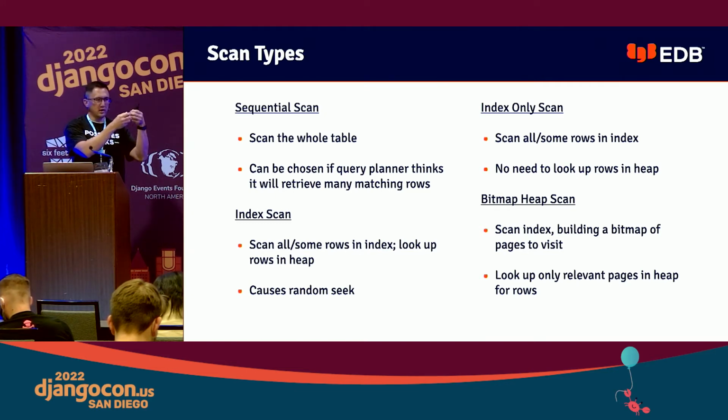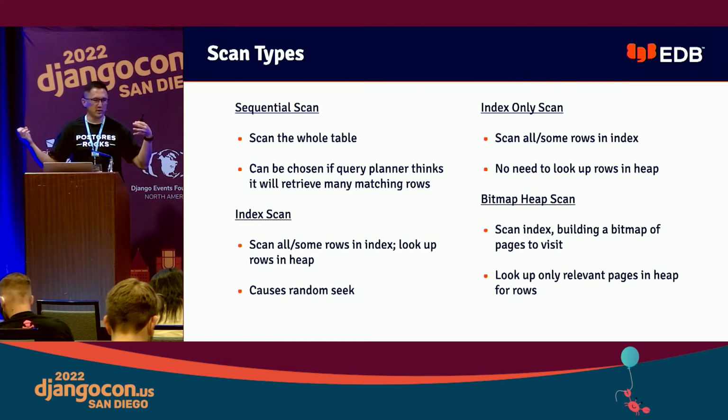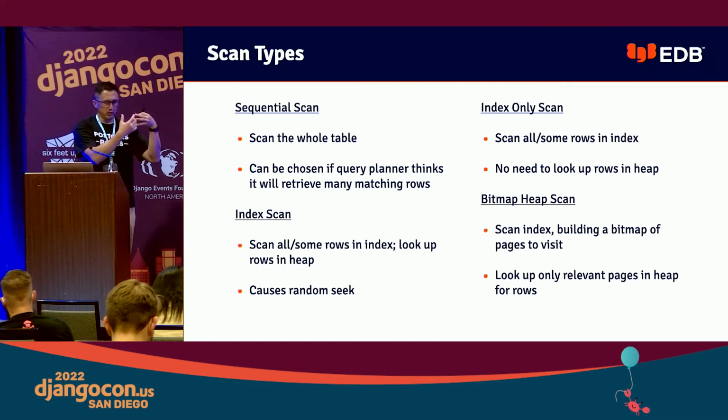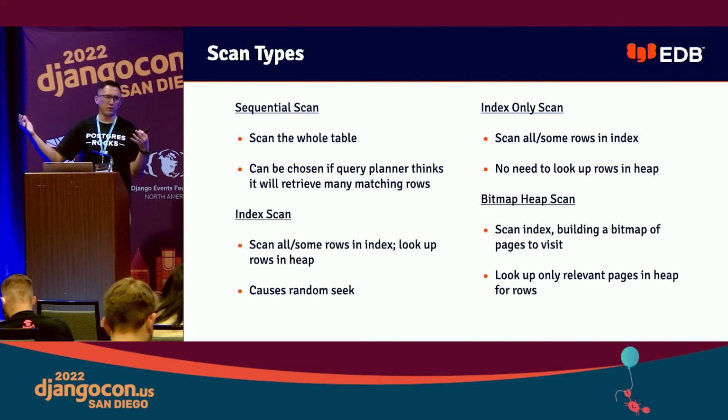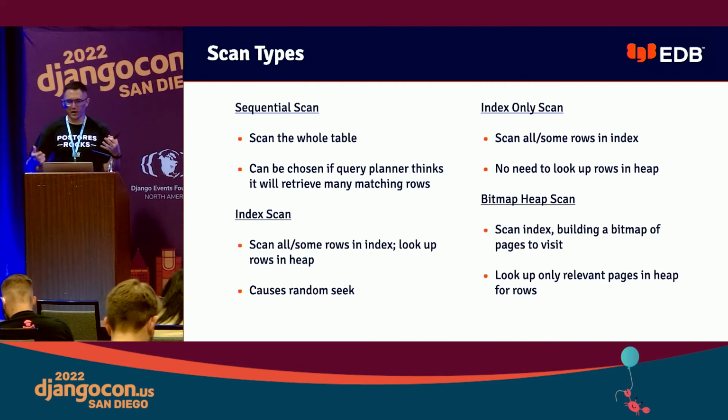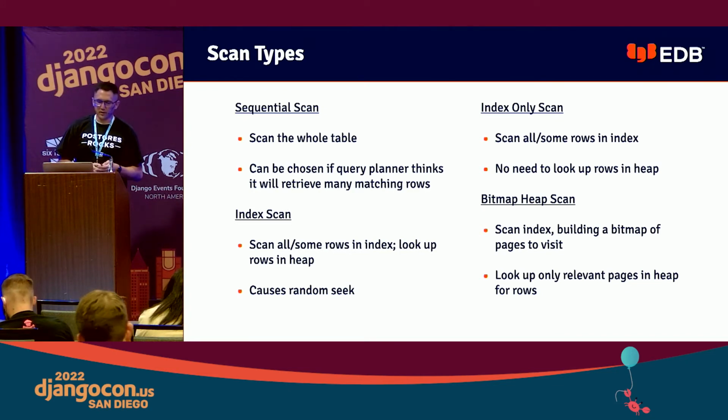So basically, if you have a bunch of rows that share a page, instead of going through each row and fetching that same page many times, you look at the mapping that was created and you say, I'm going to fetch this page off of disk, and I'm going to happen to pull 4 or 5 rows at a time instead of 1 at a time. Okay, and that actually speeds it up too. Okay, so that's the scan types.